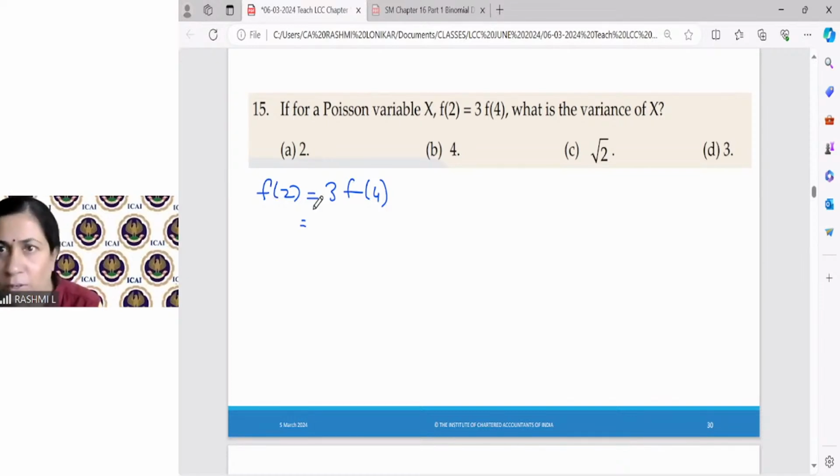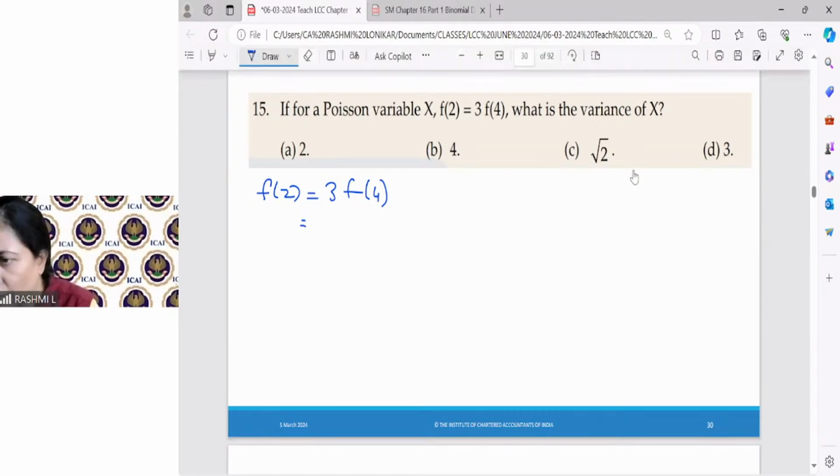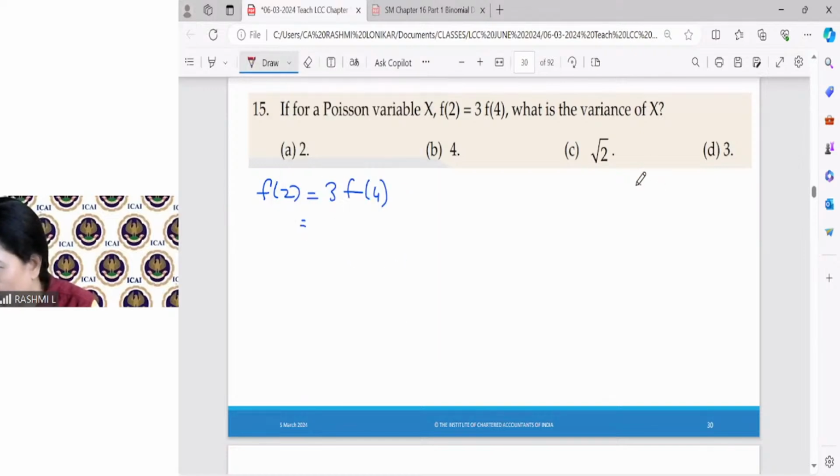Okay, let me do it directly so that once you know how to do it, we can quickly, like in 2 steps, do it. Okay, we know f of x is equal to what? E raised to minus m, m raised to x upon x factorial for a Poisson. Now, f of 2 will be equal to what?